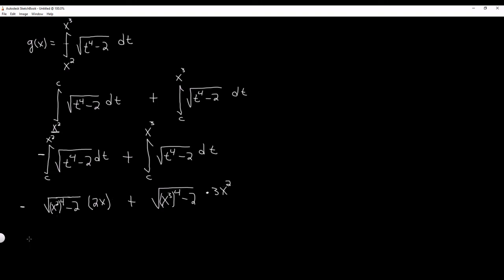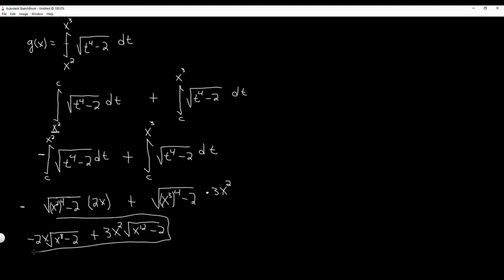So this is going to be negative 2x times the square root of, 2 times 4 is 8, so x to the 8th, minus 2 plus 3x squared times the square root of, 3 times 4 is 12, so x to the 12th, minus 2. And this entire thing is the answer to our problem.